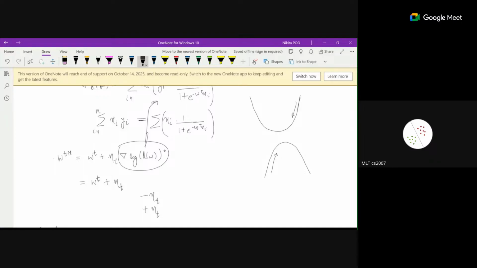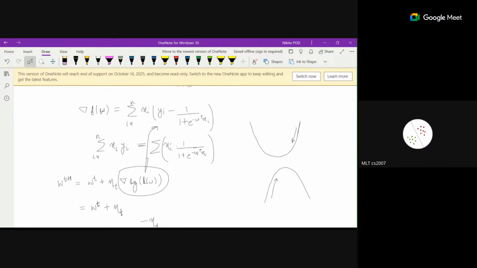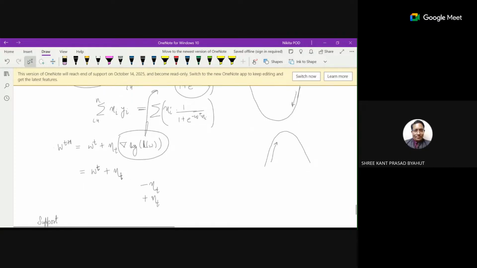This is nothing but a linear combination of data points, where yi is a scalar and this is also some scalar. So in short, the gradient of L is a linear combination of data points, something like summation xi times alpha i.